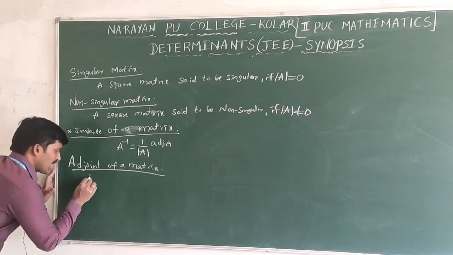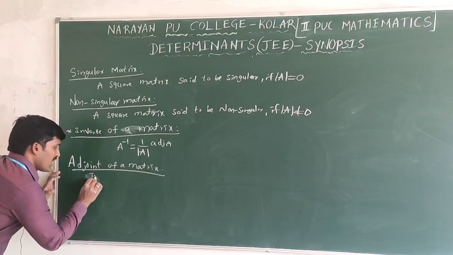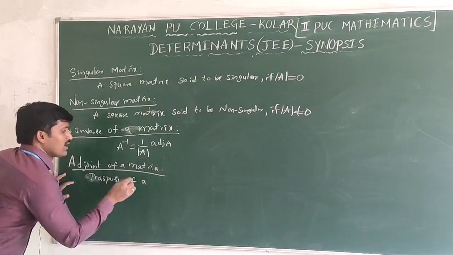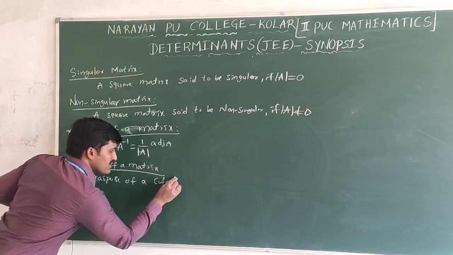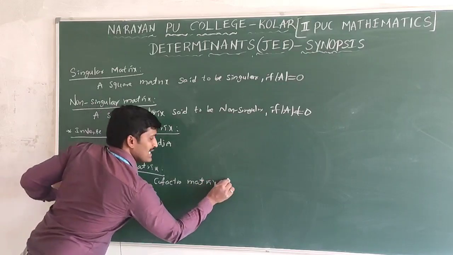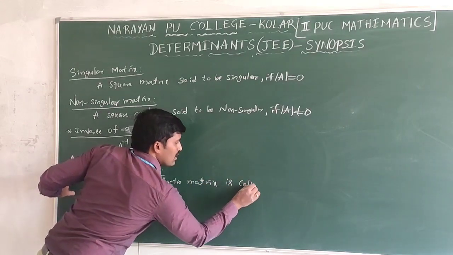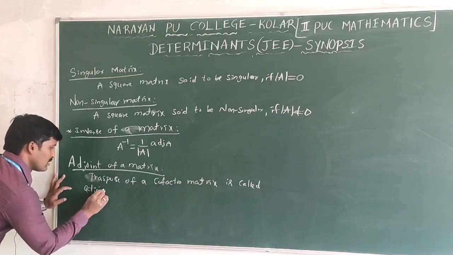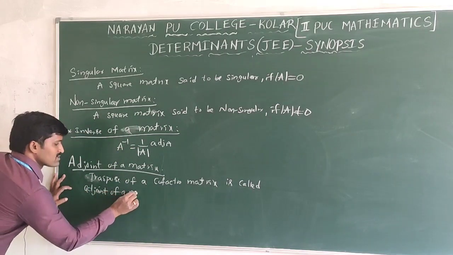For example, I'll explain once. Transpose of a cofactor matrix is called the adjoint of a matrix.